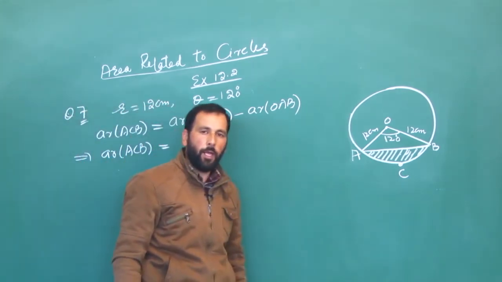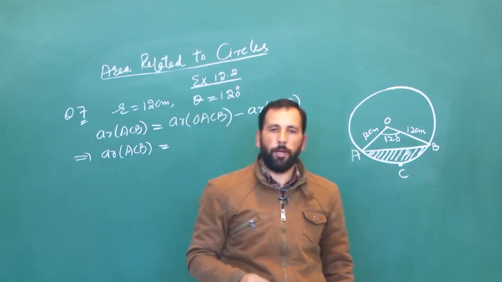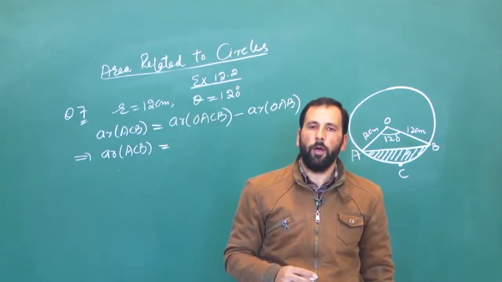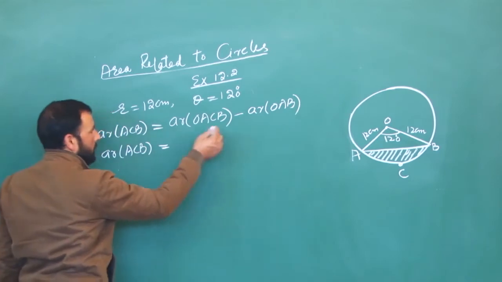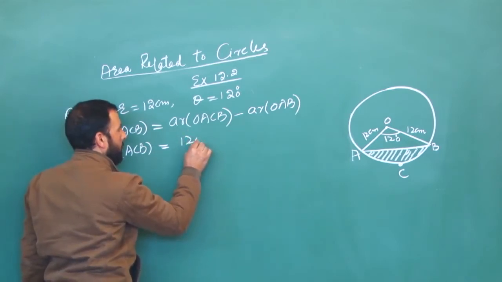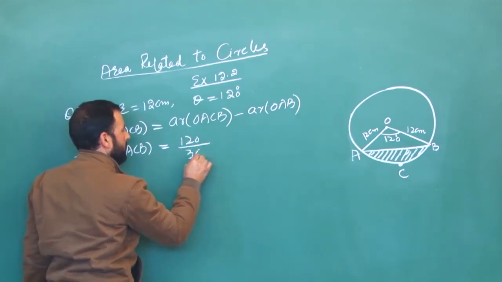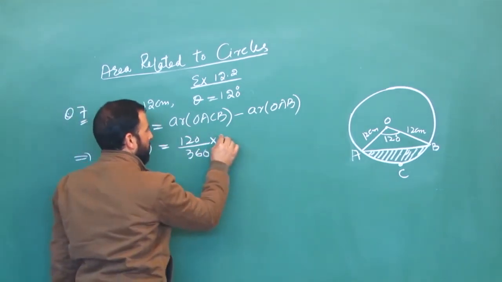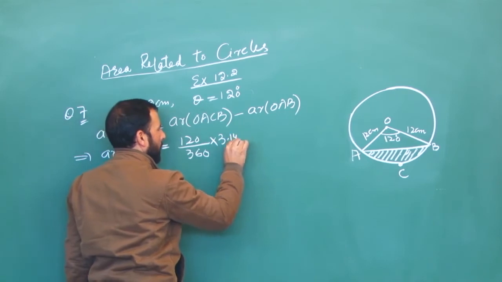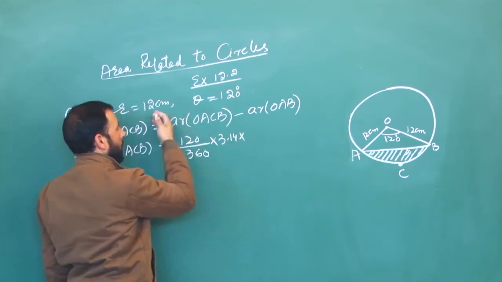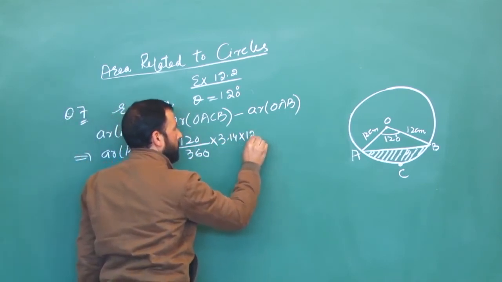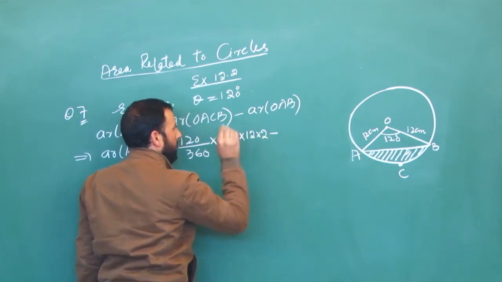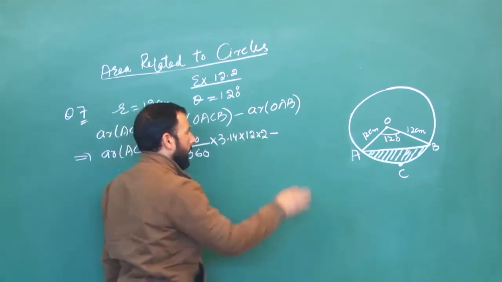We know that the area of a sector is theta divided by 360 into pi r square. Here theta is 120 divided by 360 into pi, the value of pi is 3.14, into r square, where r is 12, so 12 into 12, minus area of the triangle.